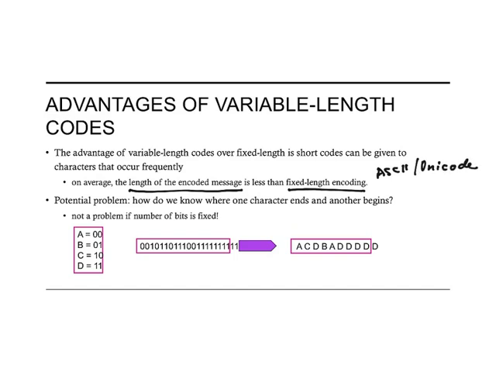However, the main issue here is how do we know where one character ends and the other character begins? Because in the case, of course, when the number of bits is fixed, we know that this is not a problem. I will read the first 8 bits and that will translate into the first character, considering ASCII.